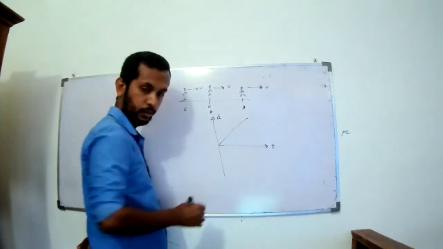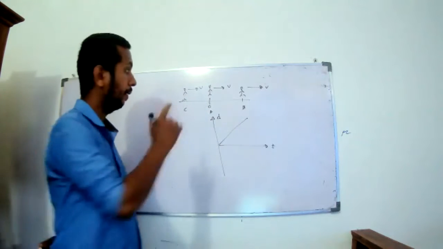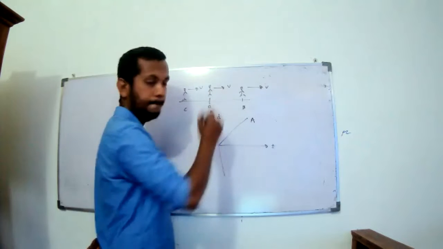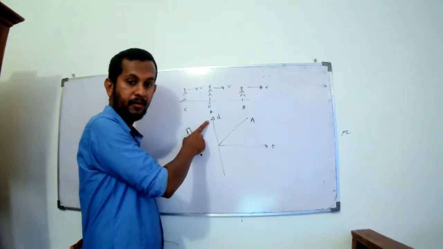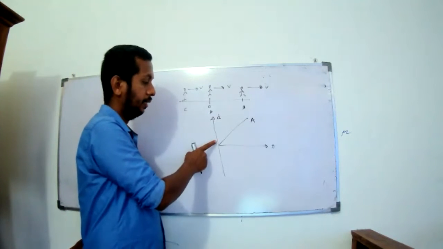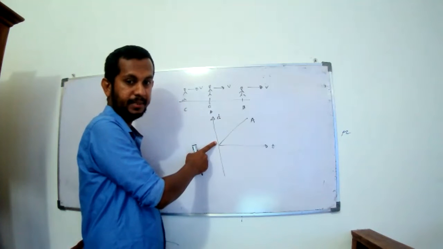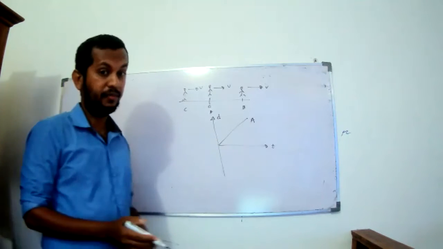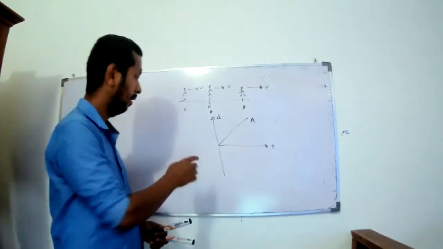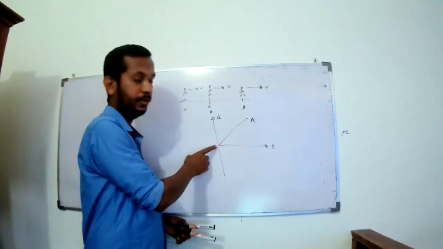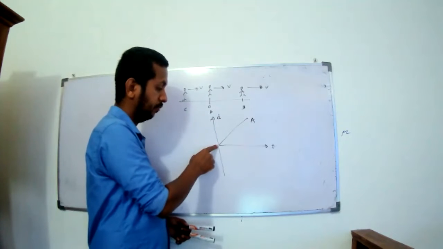So this should be the graph belonging to case number A. In the displacement time graph, we can find out the starting position of this person. There is only the displacement time graph. We can find out the initial starting position of the person by simply observing the position of the person when t equals 0. When t equals 0, displacement is 0.